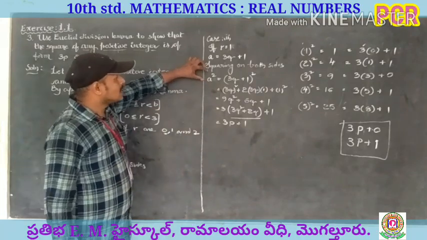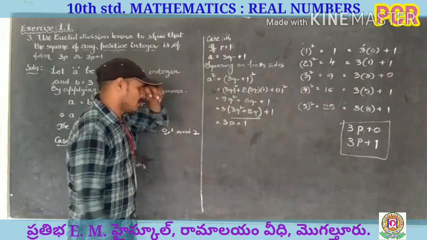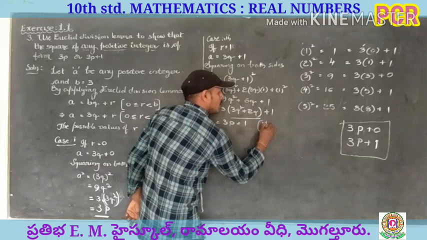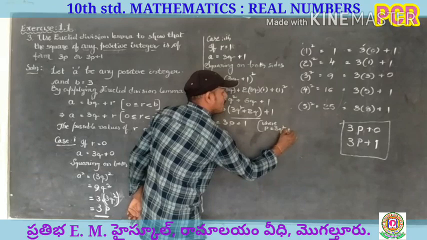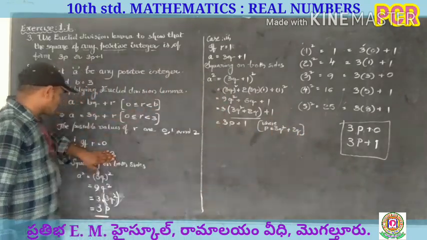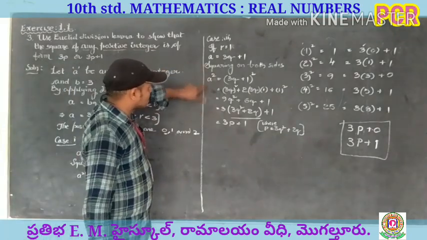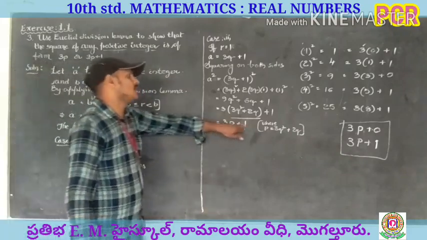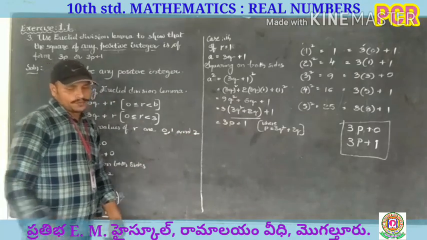So a square we can write as 3 into p, plus 1, where p is equal to 3q square plus 2q in this case. So in the first case, we can write a square as 3p. In the second case, we can write a square as 3p plus 1. Now another possible value for r is 2.